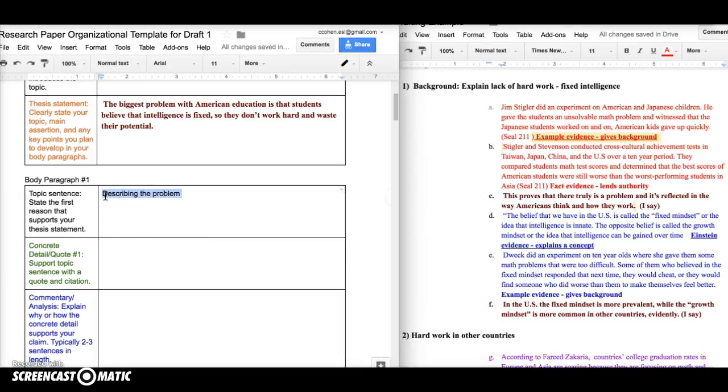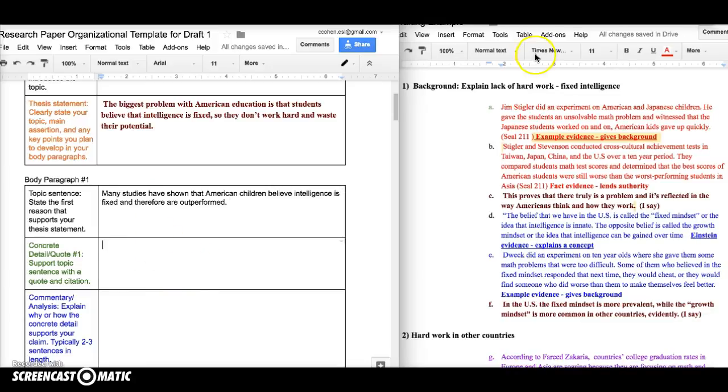So what the problem is, as proven by my evidence here, is that many studies have shown that American children believe intelligence is fixed and therefore are outperformed.